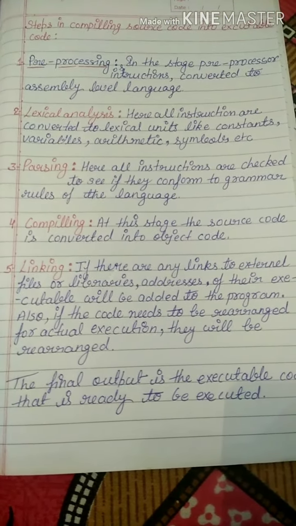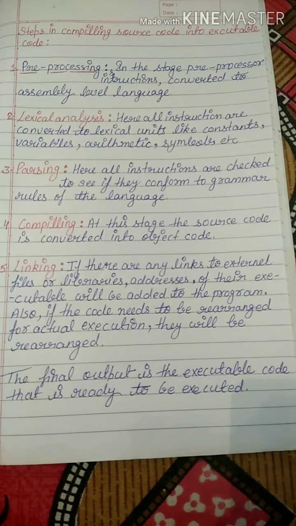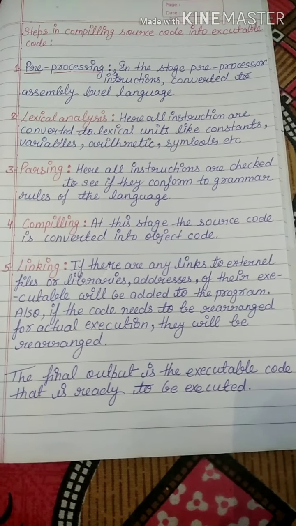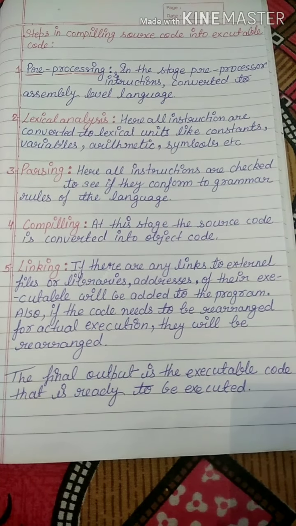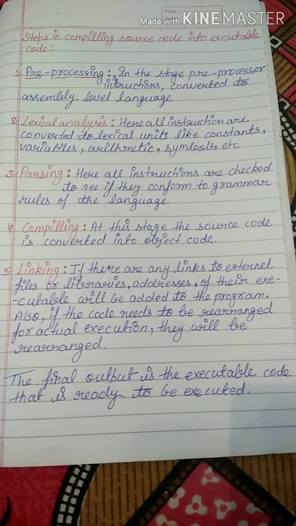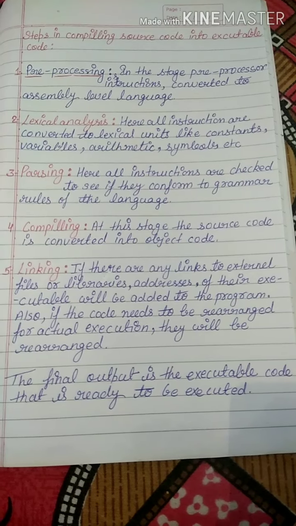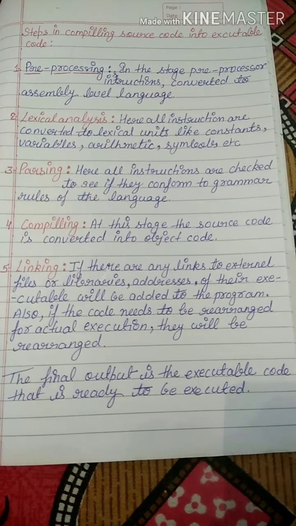So each individual program, when it is compiled, has to be linked with the other programs. This happens in the linking phase and once they all are linked with each other, we get the executable code. The final output is the executable code that is ready to be executed and handed over to the end user.